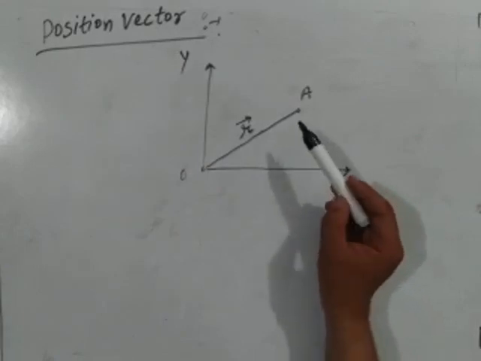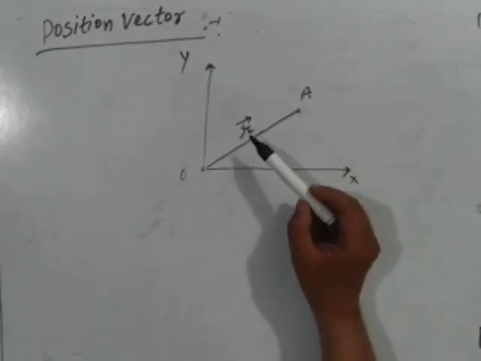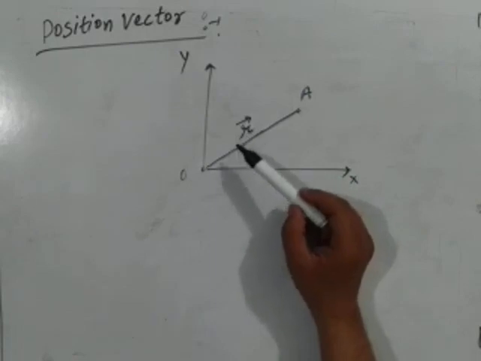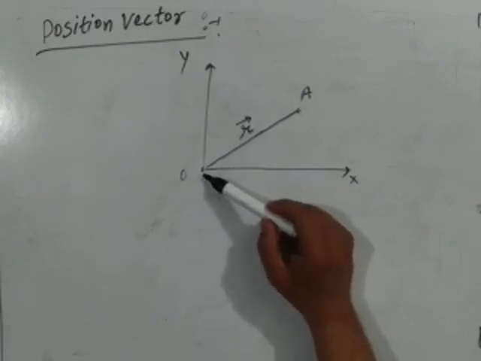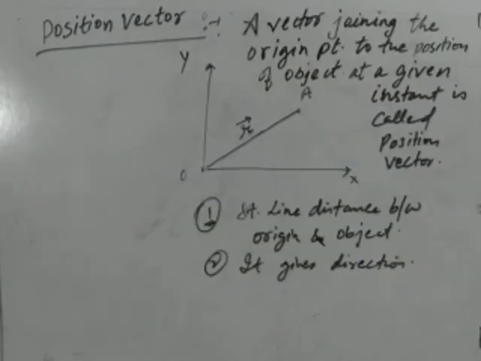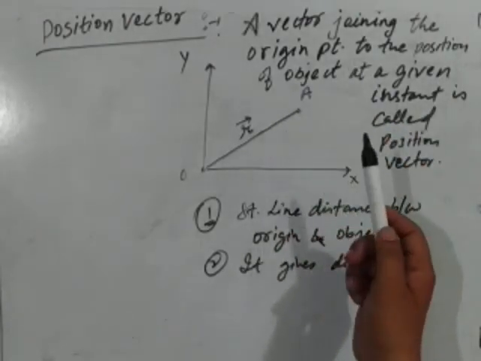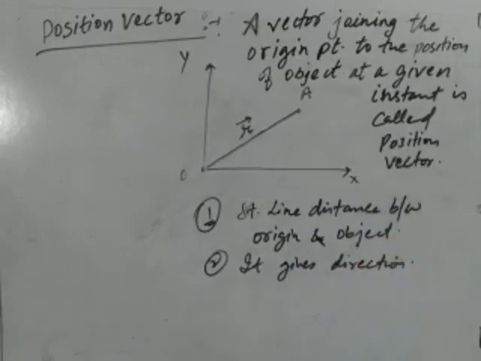Position vector of a quantity is the distance between the origin point and the particle or the object. So position vector is a vector joining the origin point to the position of the object at any given instant of time.